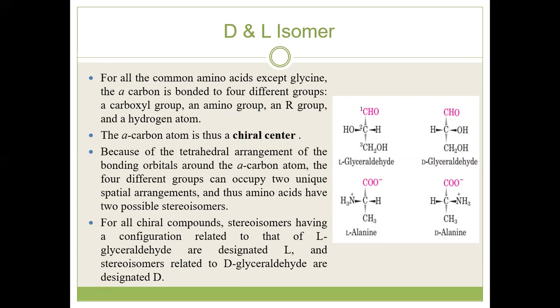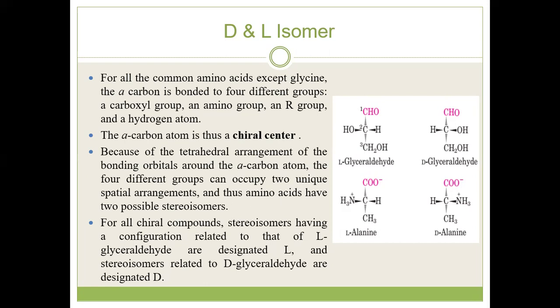When you have the OH group to the right, it is called D-glyceraldehyde. While in the case of amino acid, when we have the position of the amino group to the left, it is called L-amino acid. In this case, it is L-alanine because the amino acid is alanine. And then if you have the amino group position to the right, it is called D-amino acid. In this case, we have D-alanine.